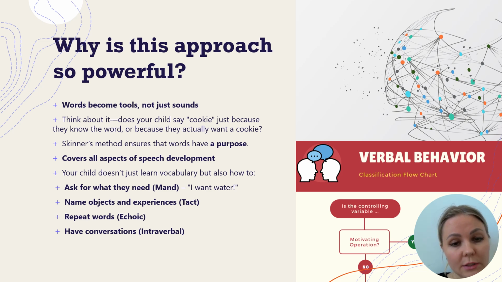Your child doesn't just learn vocabulary, but also how to ask for what they need: mand, I want water, I want swing. Or name objects and experiences: tact. Repeat words: echoic. Or have a conversation: intraverbal.